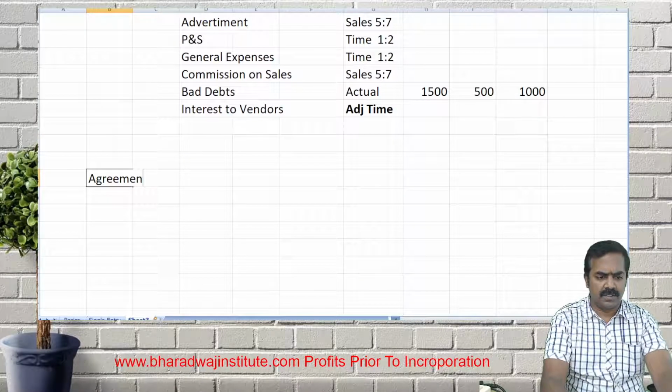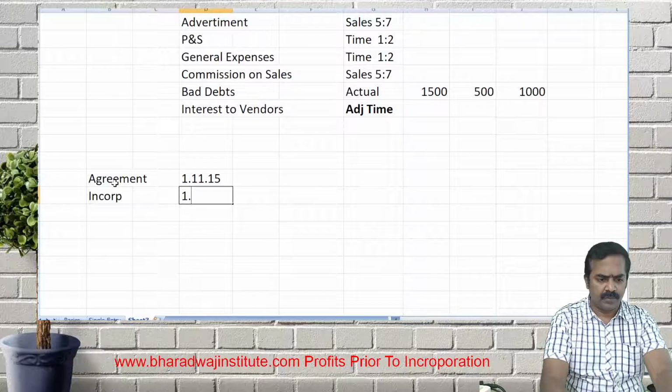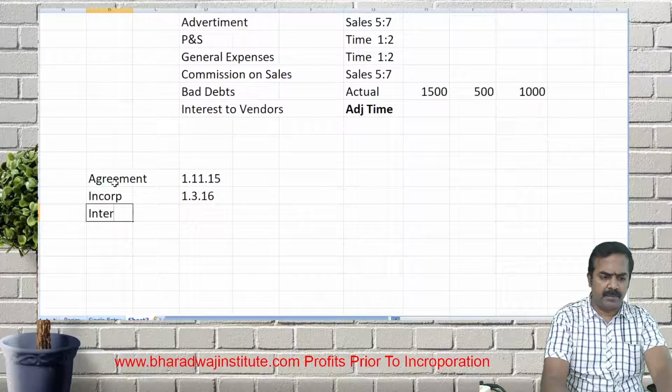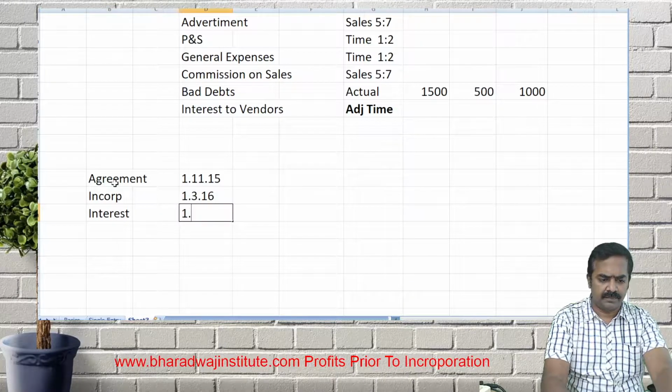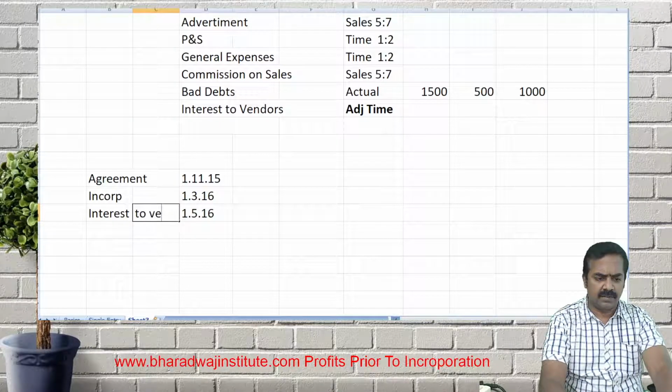Agreement to take over the business was signed on 1/11/2015. Incorporation was done on 1st March 2016. Interest was paid up to 1st May 2016. Interest was not paid till the end of the year. Interest to vendors was paid up to 1/5/2016.